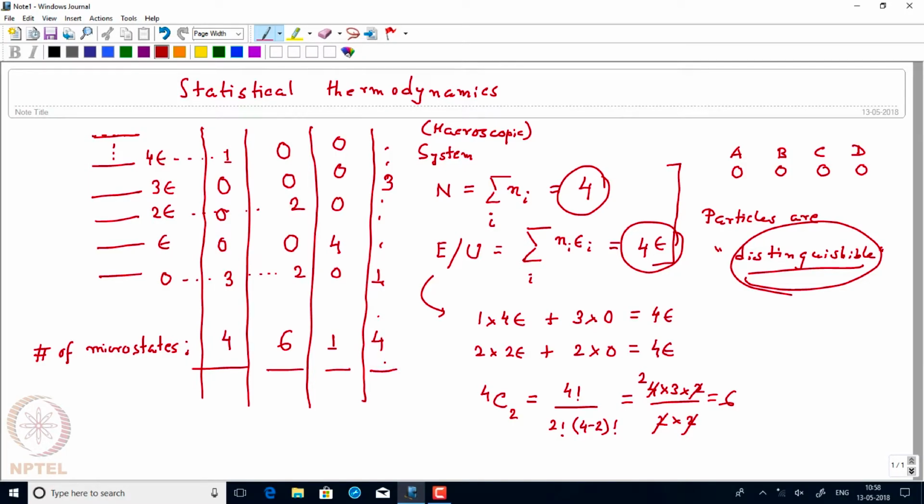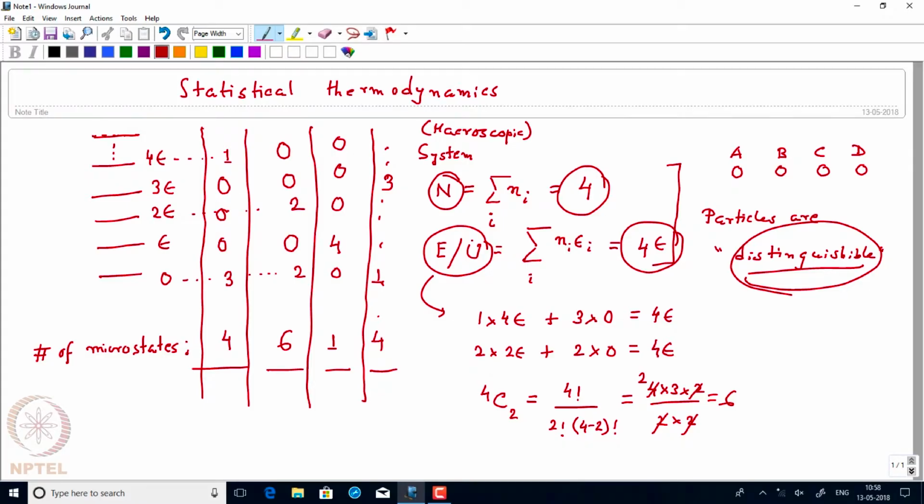Suppose we have a macroscopic system, and the total number of microstates corresponding to that particular macrostate, which is defined as a fixed number of particles and fixed internal energy, can be achieved in many different ways.